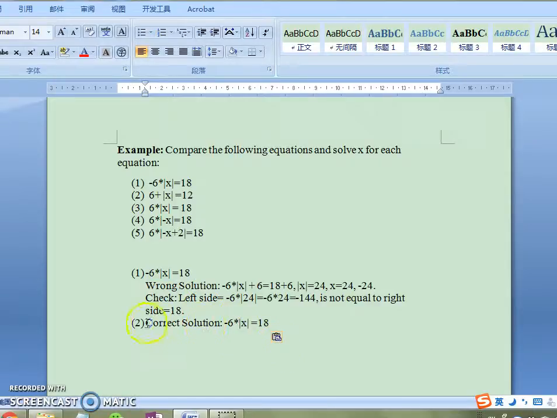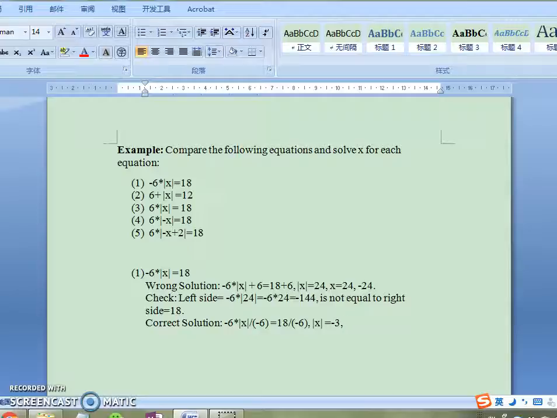And since it is a multiplication, in order to get rid of this 6, we need to divide both sides by -6. Divided by -6. And -6 divided by -6 equals 1, and the left side, the absolute value of x, equals -3.